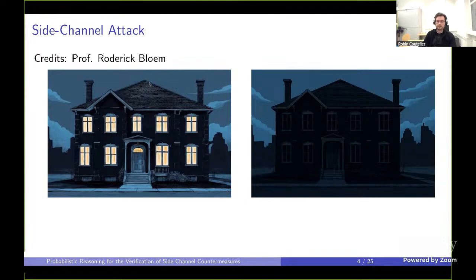Well, you can infer that yesterday they were home and today they are probably not. And this is a side channel attack. Why? Because you can infer something about the presence of your neighbor based on something you observe that has nothing to do with observing the neighbor directly, right? The lights are just a side effect, a side product of your neighbor being there or not.